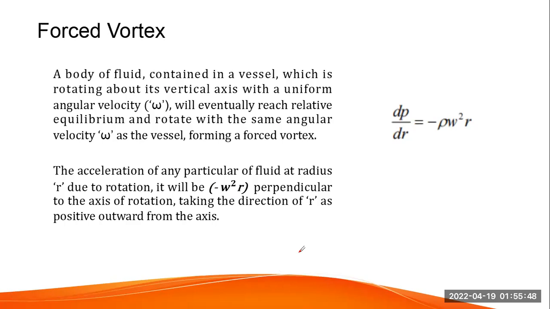Next is hanapin with respect ito sa ating forced vortex. So, a body of fluid contained in a vessel which is rotating about its vertical axis with a uniform angular velocity, itong symbol na ito, pangalan nito is omega, will eventually reach relative equilibrium and rotate with the same angular velocity omega as the vessel, forming a forced vortex.